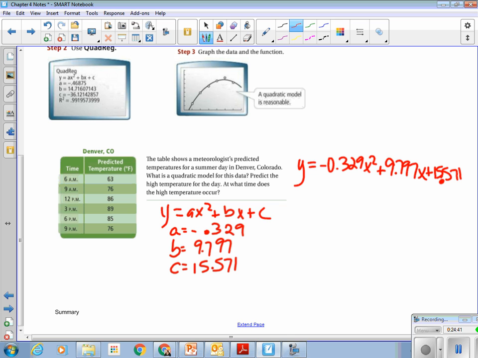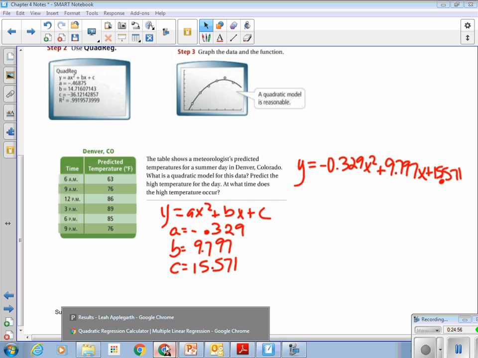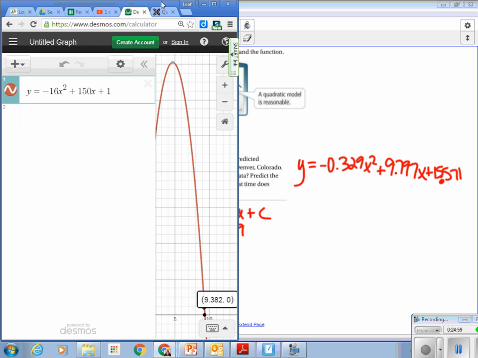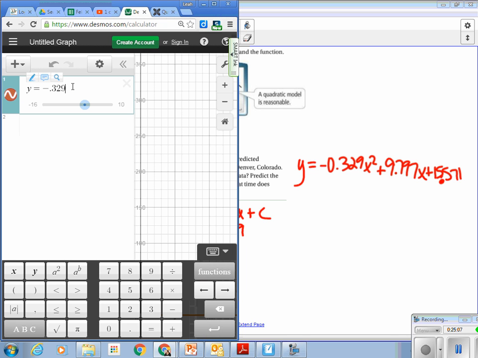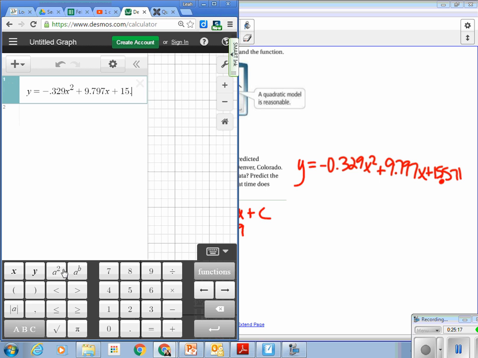Okay, so let's answer the questions on those. Here's the quadratic model. Predict the high temperature for the day. So I'm going to go ahead and graph this and find the max. So let me show you how to do that on Desmos. So you put this in: negative 0.329x squared plus 9.797x plus 15.571.